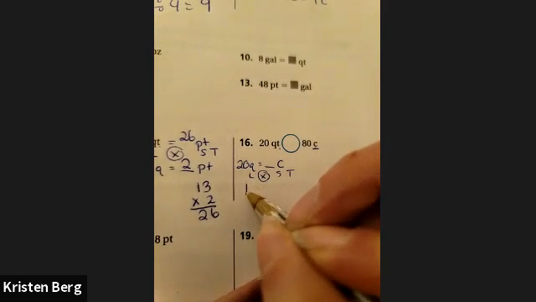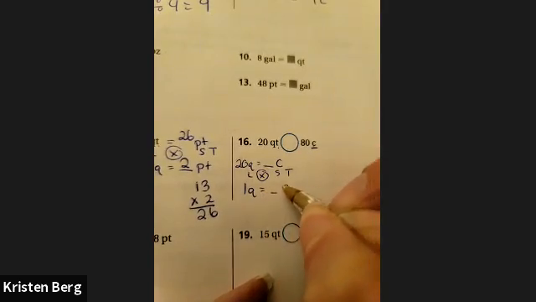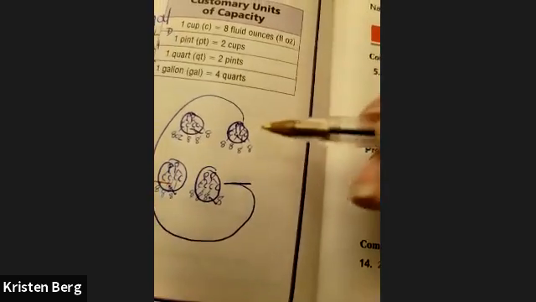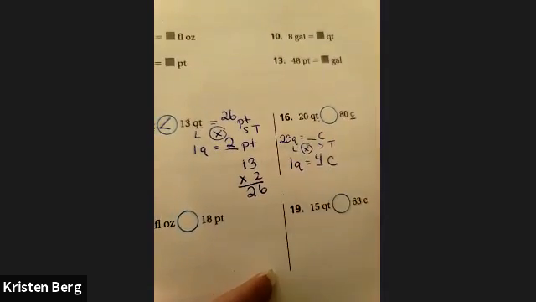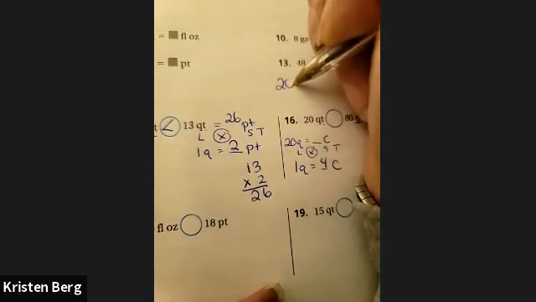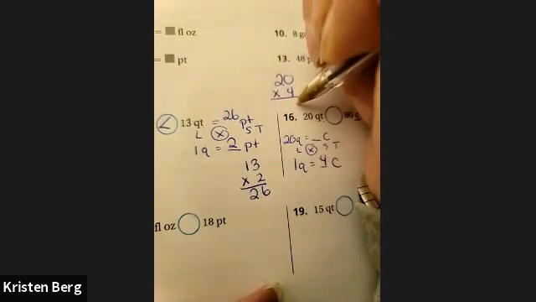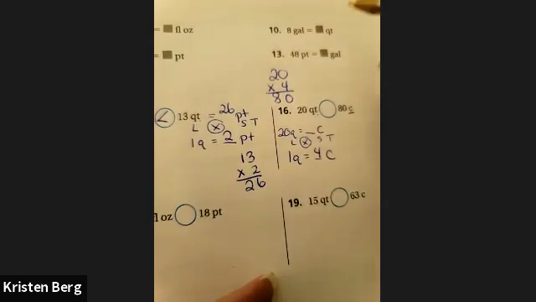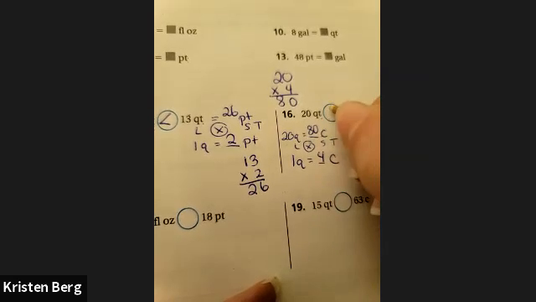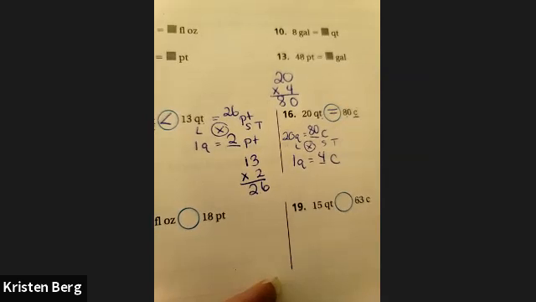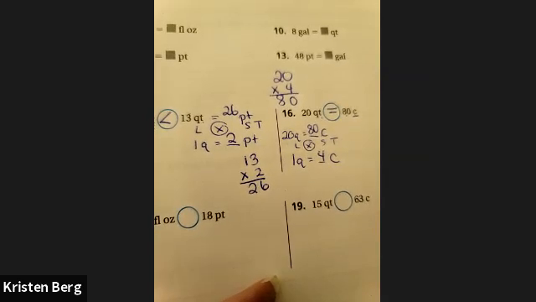So 1 quart has how many cups? Well, 1 quart has 4 cups. So in order to do this, I would do 4 times 20. 20 times 4, that'd be 0 and 8. So that would be 80 cups versus 80 cups. And they are the same, so they are equal to each other.